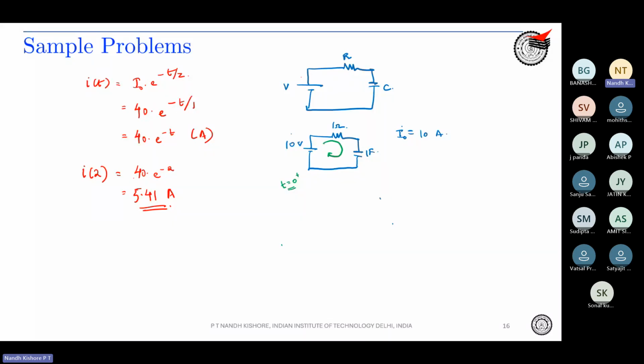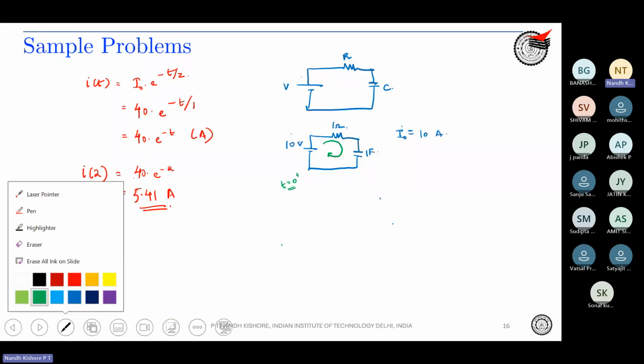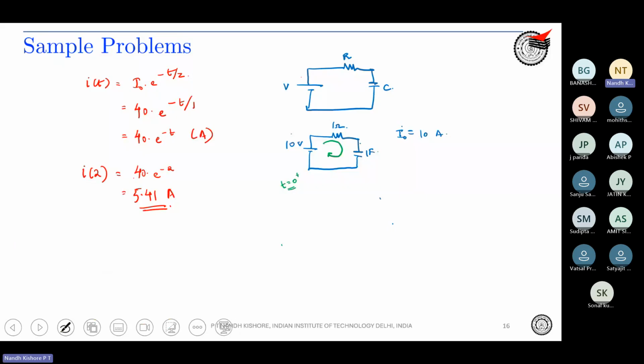So once some current flows, what happens to the voltage across the capacitor? The VC was initially 0.